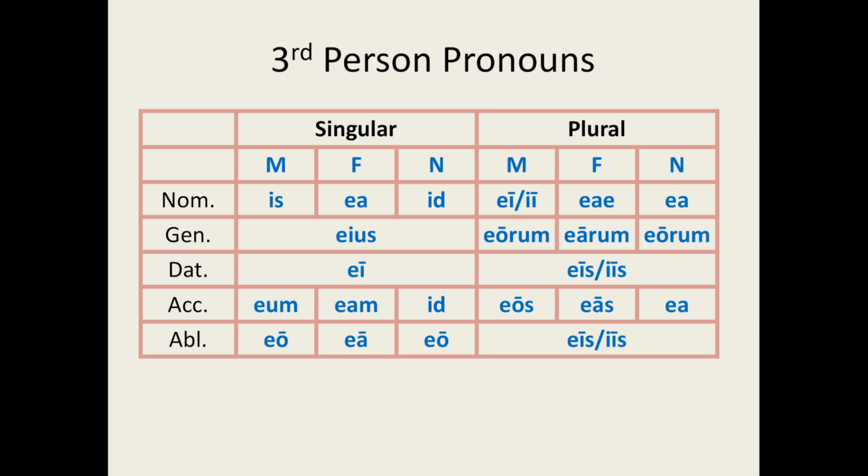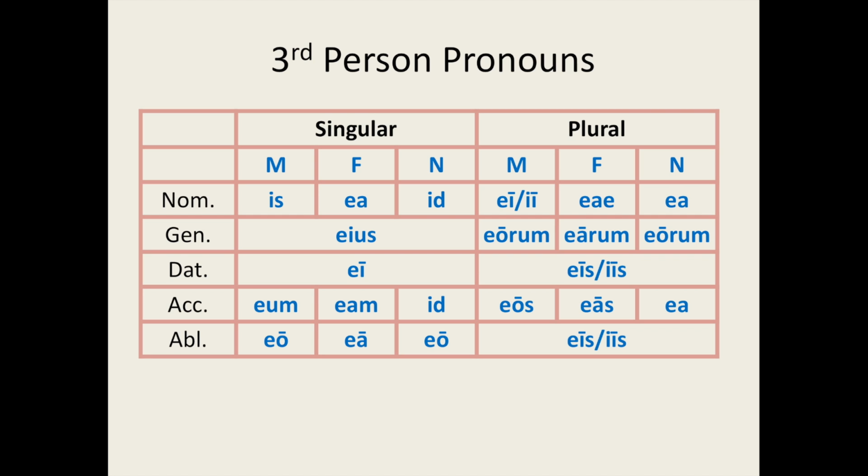For the dative, ei, ei, ei; eis, eis, eis. For the accusative, eum, eam, id; eos, eas, ea. And for the ablative, eo, ea, eo; eis, eis, eis.